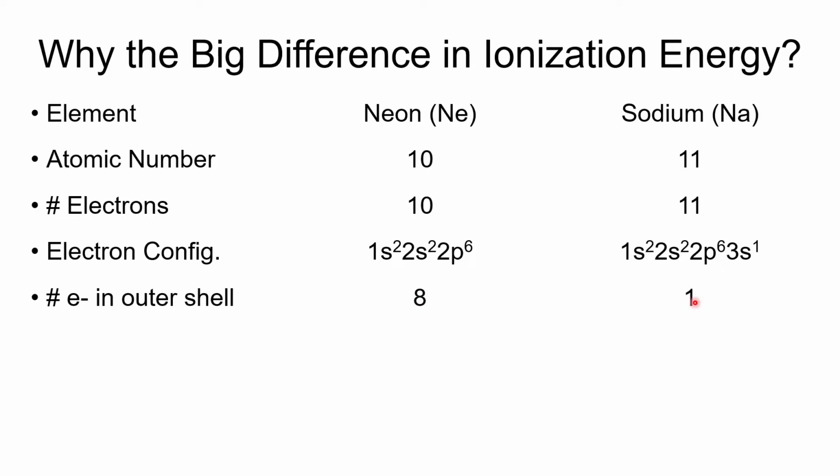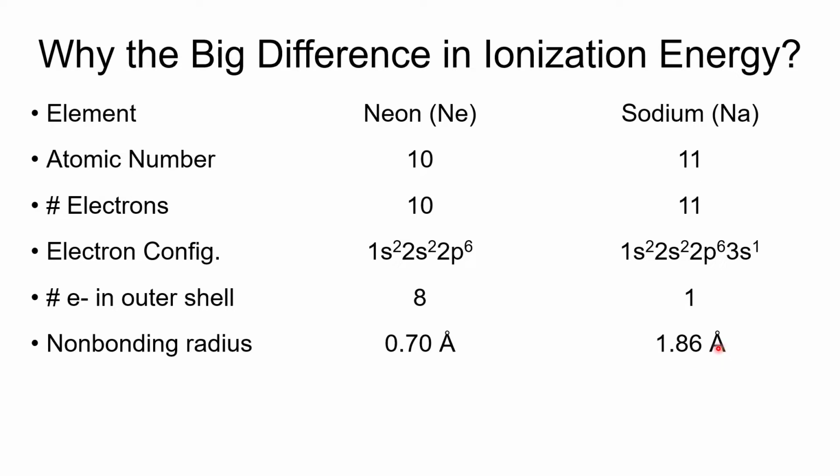That also means that the effective nuclear charge felt by outer shell electrons, using our rough approximation, is approximately 8 for neon, whereas for sodium it's approximately 1. If we look at the non-bonding radius, we'll find that for neon it is 0.70 angstroms, but for sodium it's much, much bigger at 1.86 angstroms.